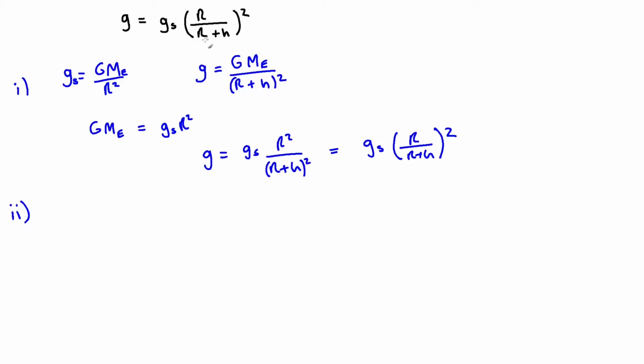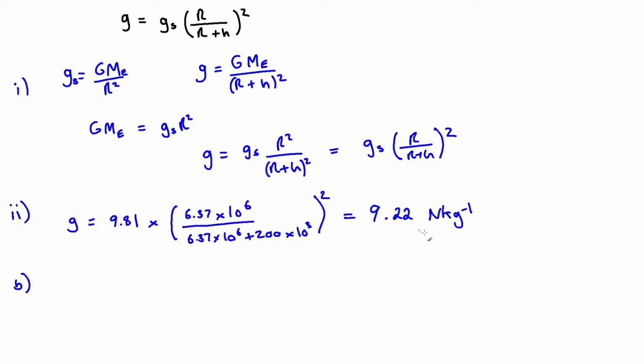Or, seeing as we've been given this formula, we may as well just use that one. So to calculate the gravitational field strength, we know at the Earth's surface it's 9.81. If we look up the radius of the Earth, and there we are, 9.22 newtons per kilogram for the gravitational field strength at height 200 kilometers above the Earth's surface.